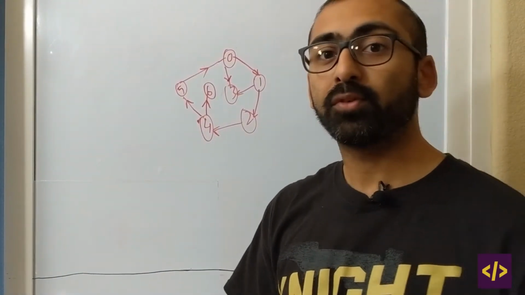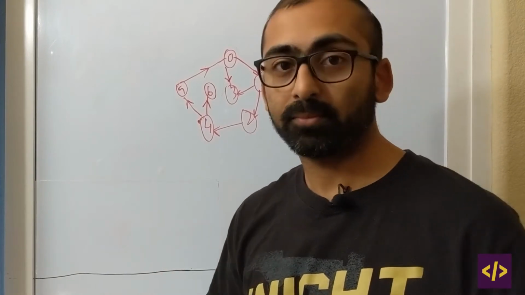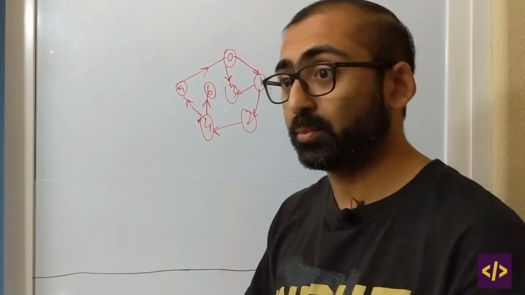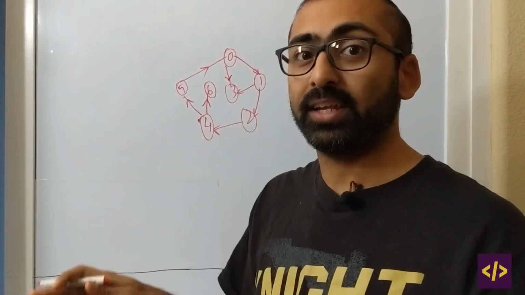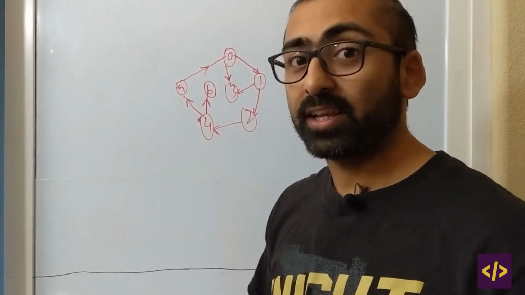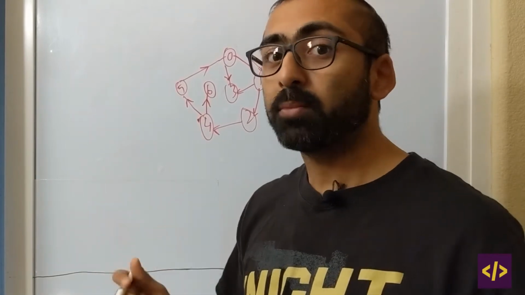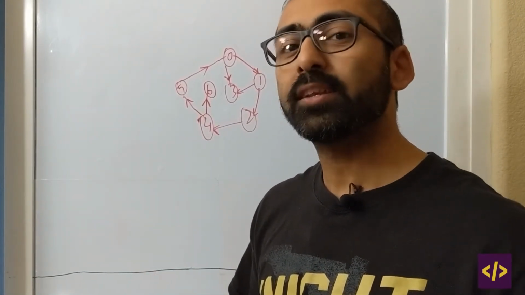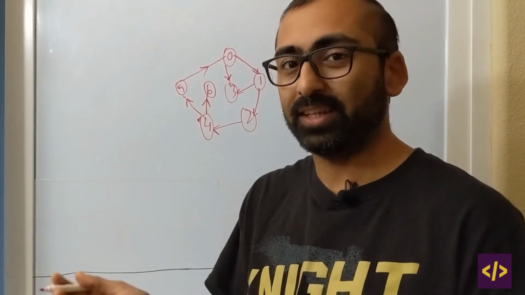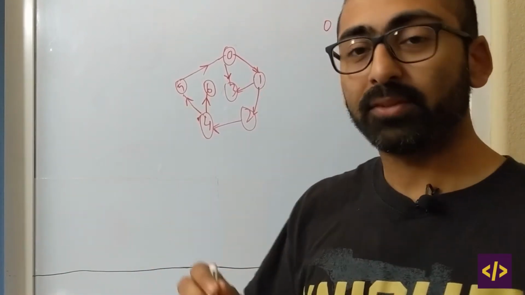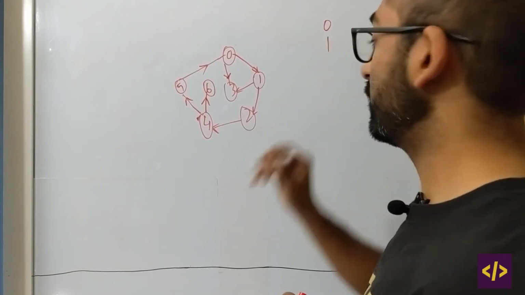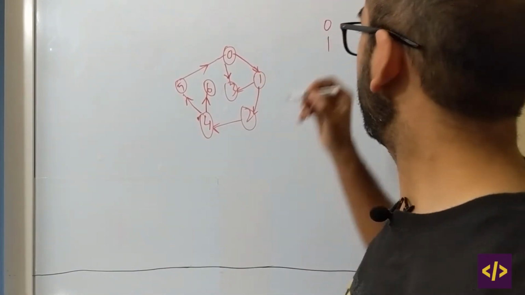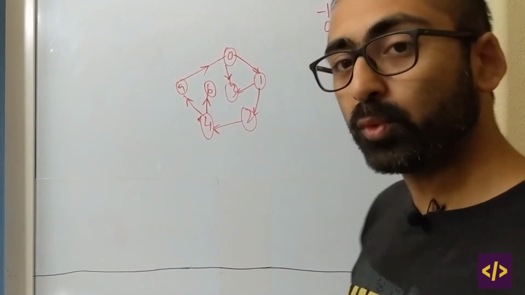Then if you have started visiting some node and you've processed it, it is not part of any cycle right now. So then, if it's not part of a cycle, why do you want to keep looking? You just forget about it, let it go. In that case, we put it as 1. And if you're still visiting it, then the other state would be -1.